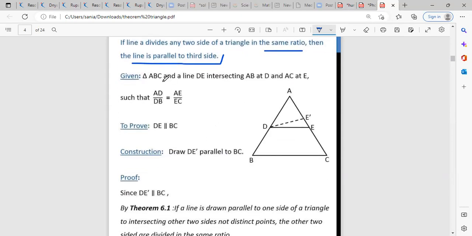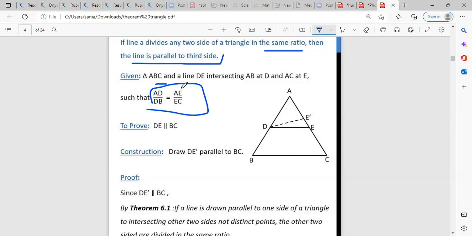So, see, the triangle is given, plus DE is a line intersecting these two sides. And over here, remember, you have to do this E dash. This line is drawn in such a way that AD divided by DB and AE divided by EC are equal, because this is given already.